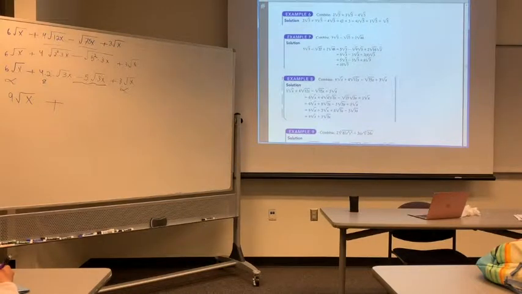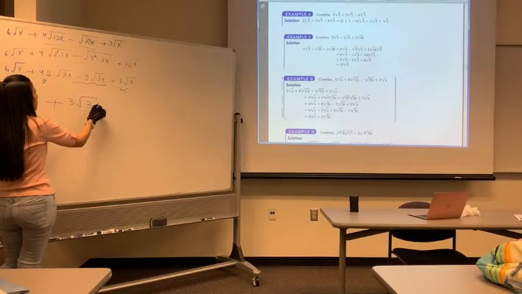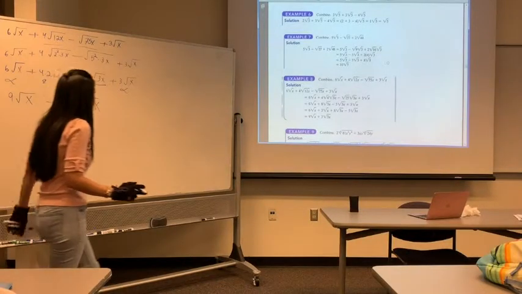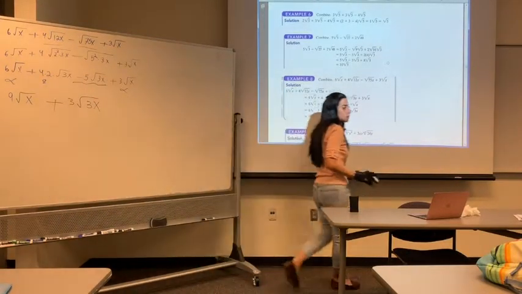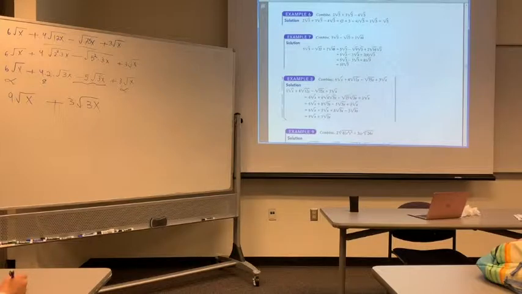Right? 3 radical 3x. Correct? So we cannot add these two because radical 3x is not similar to radical x, right? So we leave it like that.